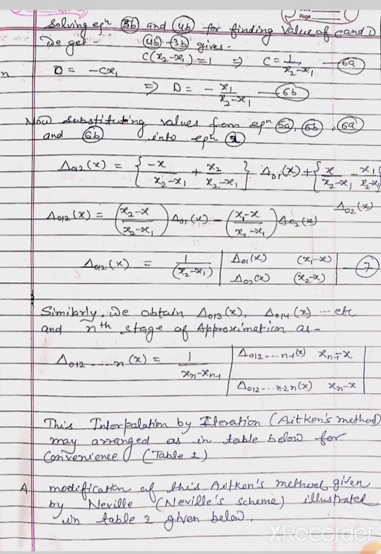Now come to the third approximation. Similarly we can obtain the third approximation. Now comes the nth approximation. In the nth approximation, the approximated value of y is given by delta 0 1 2 up to n x, and by using the similarity with equation 7, we can write it in the determinant form here.